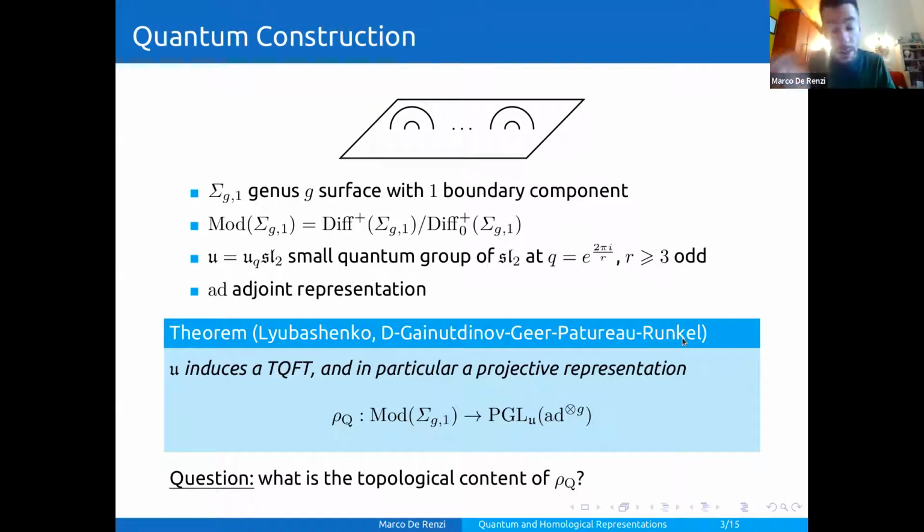And I'm stating explicitly here again the motivation question behind considering these representations. We would like to understand what is the topological content of these representations. What do they measure?